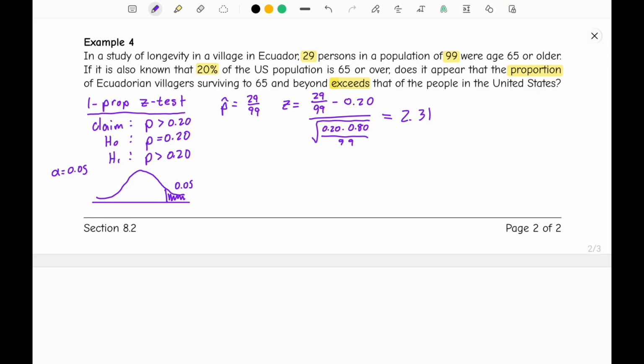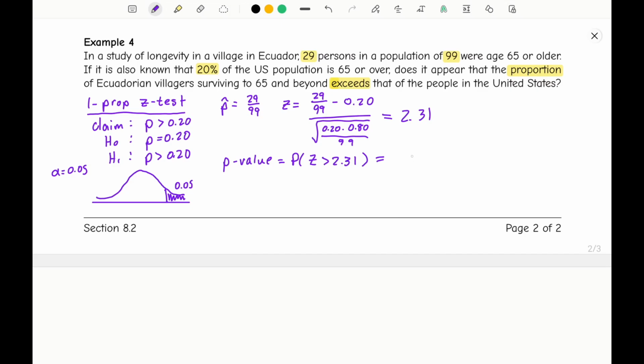This one I'll do a p-value for. So remember to do a p-value. That's the probability of being more extreme than the test statistic. Since this is a right-tailed test, that means the probability that z is greater than 2.31. So I look up 2.31 on my normal distribution chart.